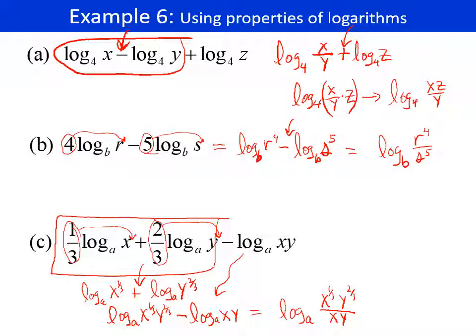Now there are some more things that we could do to make the looks of that different, such as the 1/3 exponent really means a cube root. So this could be written as the cube root of xy squared over xy.